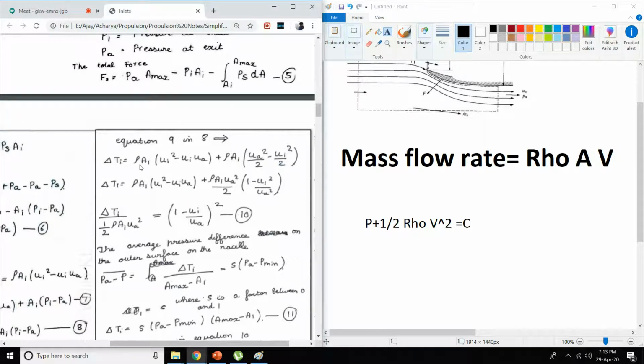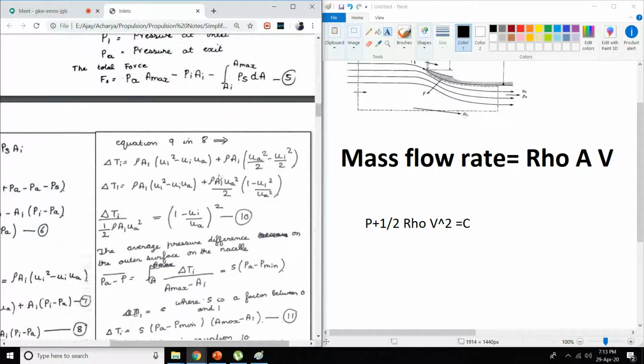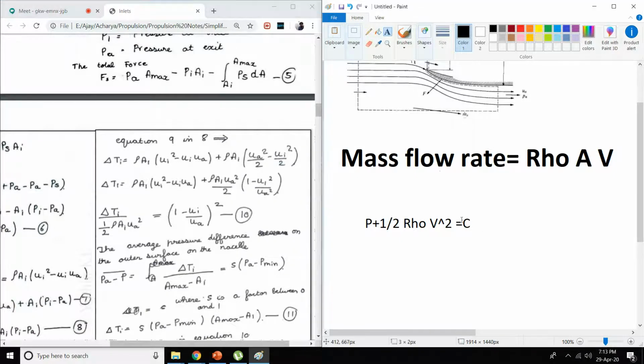What you do is multiply this inside, half, okay, just make the substitution.